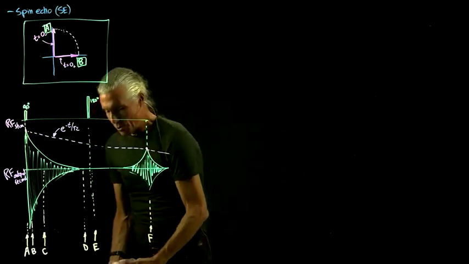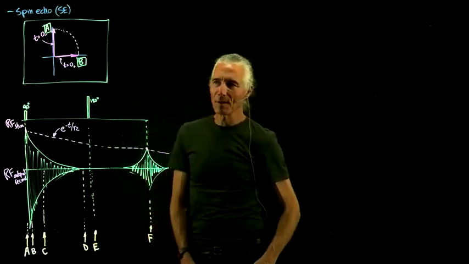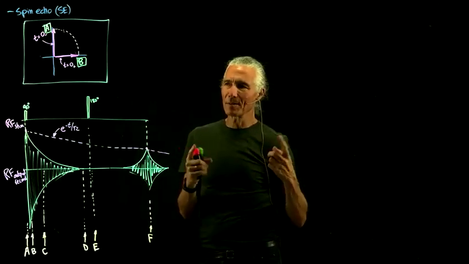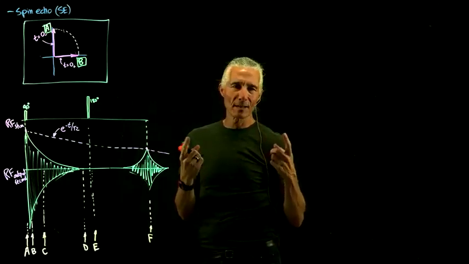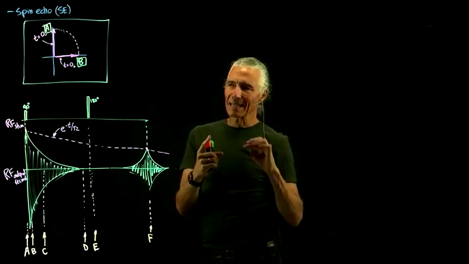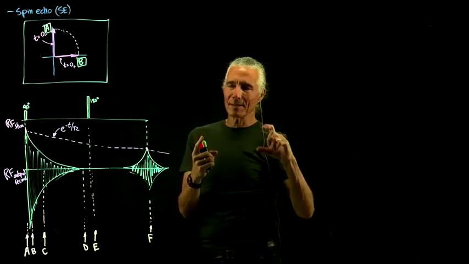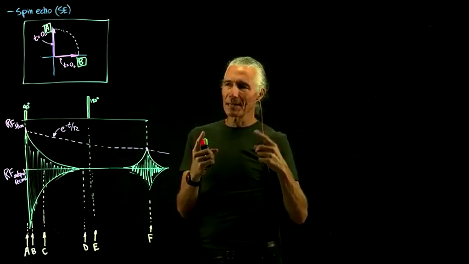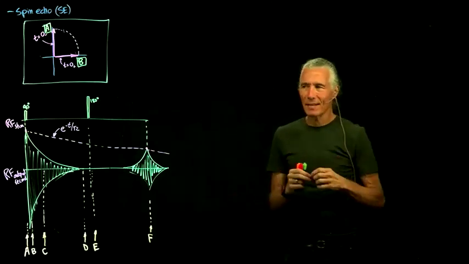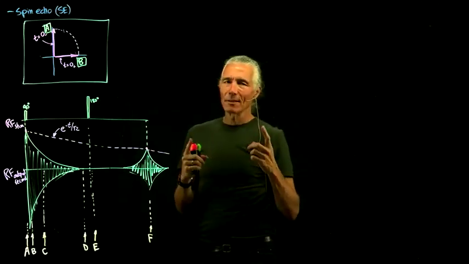So two things are happening. First of all, there's regular T2 decay, because all these atoms are jostling each other and changing their magnetic fields locally, and that has the effect of very rapidly changing the B0, causing them to precess at different frequencies. That's the intrinsic decay because of all this local jostling.